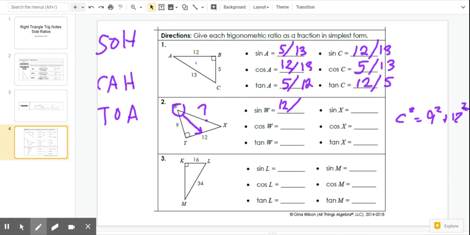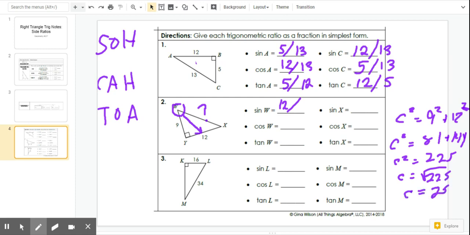And if you do all of that out, you get c squared equals 81 plus 144. So c squared equals 225. C is the square root of 225, so c is 25. So our hypotenuse here is 25.